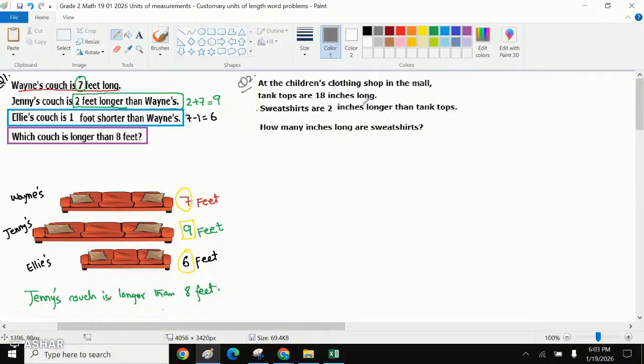Tank tops are 18 inches long, right? So we can say that the tank tops were 18 inches long. Sweatshirts are 2 inches longer than the tank tops. Agreed? How many inches long are sweatshirts?